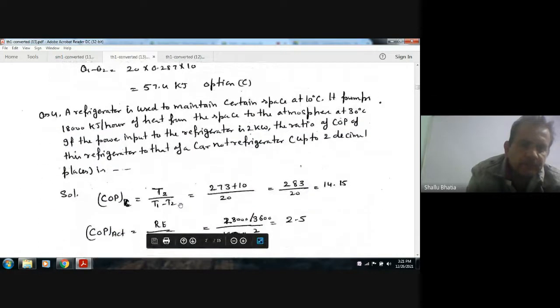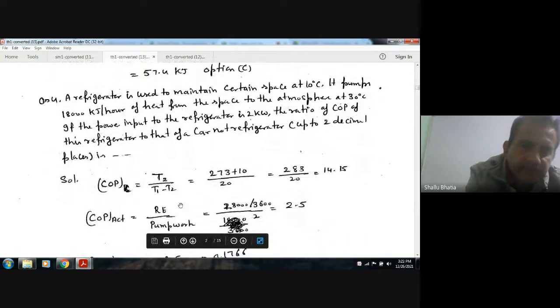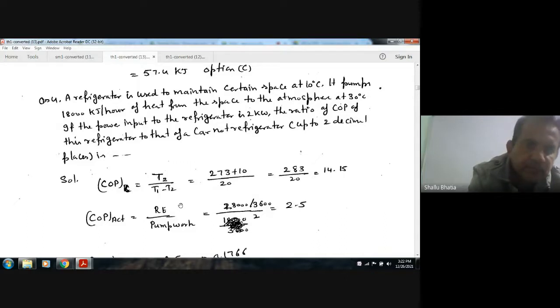Next. A refrigerator is used to maintain a certain space at 10 degrees Celsius. It pumps 18,000 kilojoules per hour of heat from the space to the atmosphere at 30 degrees Celsius. If the power input to the refrigerator is 2 kilowatt, the ratio of COP of this refrigerator to a Carnot refrigerator, up to 2 decimal places, is asked.